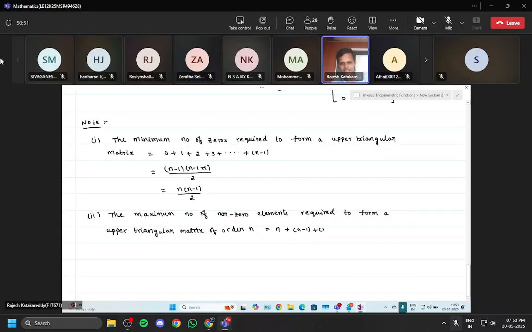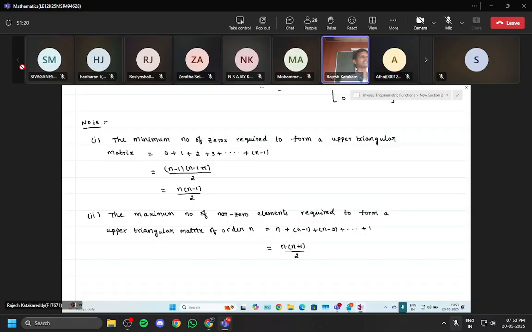In row 3, it is n minus 2, and so on. In the last row, n minus 1 should be zeros, so the remaining one is not necessary to be 0. Clear? So now, if I see this, it is the sum of the first n natural numbers, that is n into n plus 1 by 2. If I add points 1 and 2, I'll get n square.